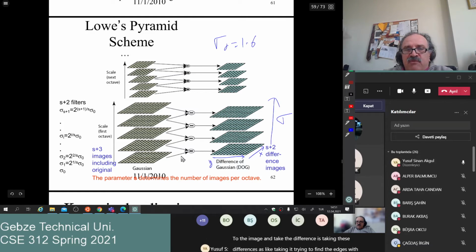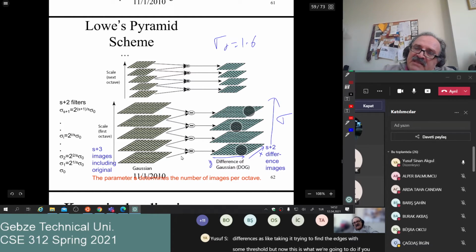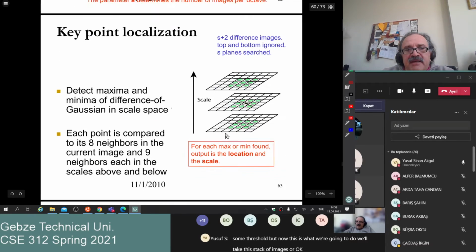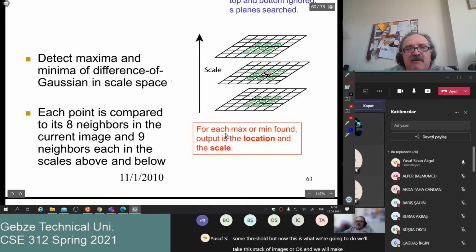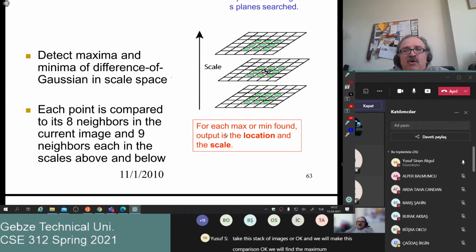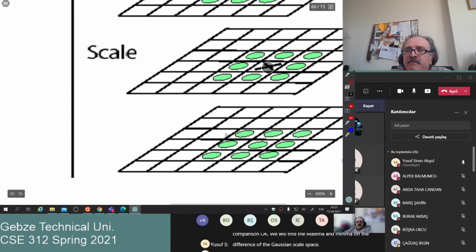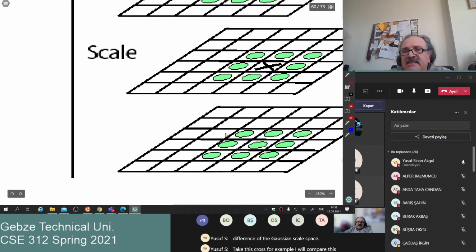But now this is what we are going to do. We will take this stack of images, and we will make this comparison. We will find the maxima and minima of the difference of the Gaussian in scale space. Take this cross, for example. I will compare this against all these 8 neighbors in the same scale.